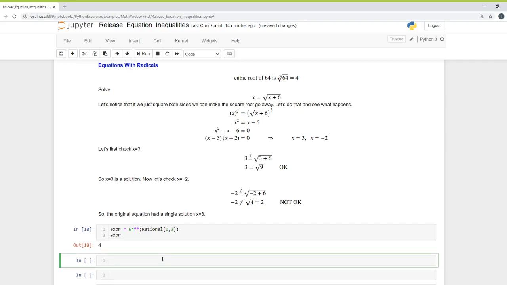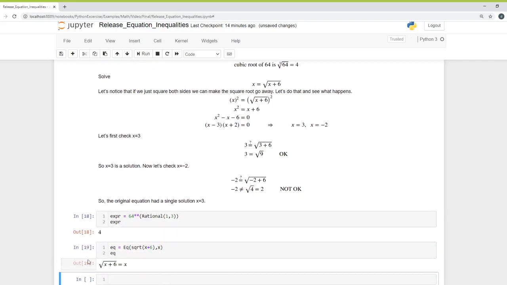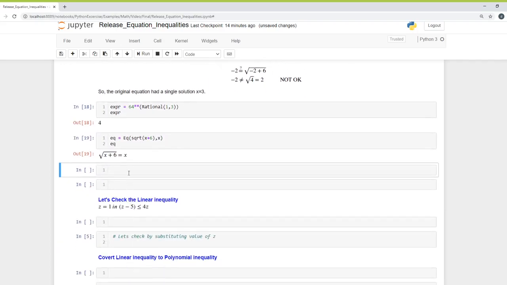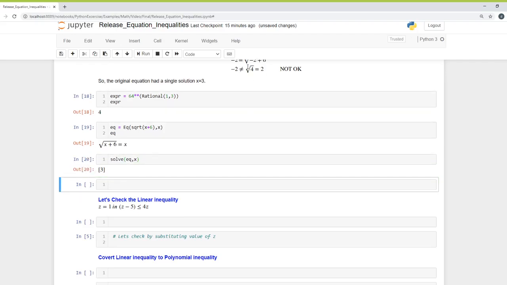Now let's see the next example. The next example is x is equal to the square root of x plus 6. So our equation is eq is equal to Eq(sqrt(x + 6), x), check it, and the square root of x plus 6 is equal to x. Now solve(eq, x) and we will get the answer 3.